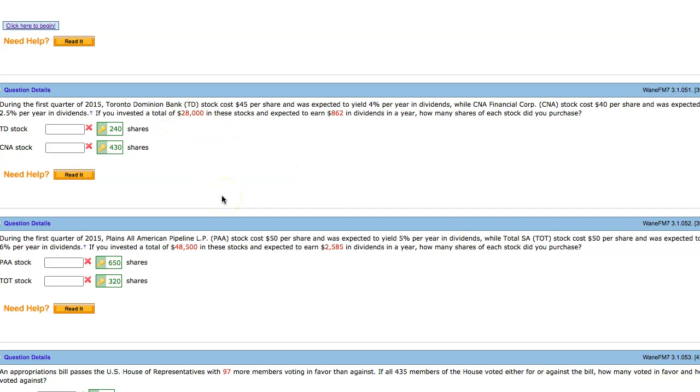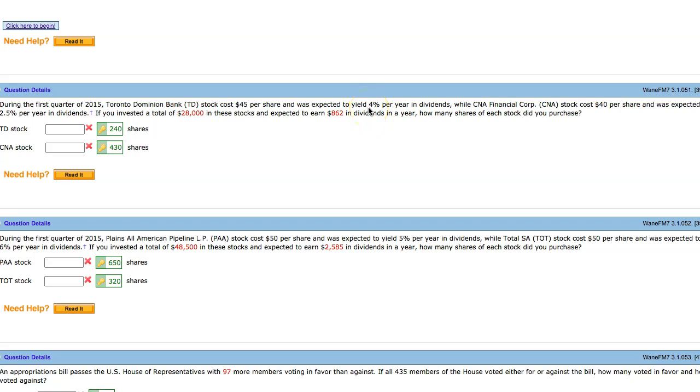Your first equation you won't need to tweak yet, but your second one you'll need to tweak. Since you've got that nasty 2.5, which is 0.025, you'll have to multiply everything by 1,000 to scoot 3 places over.